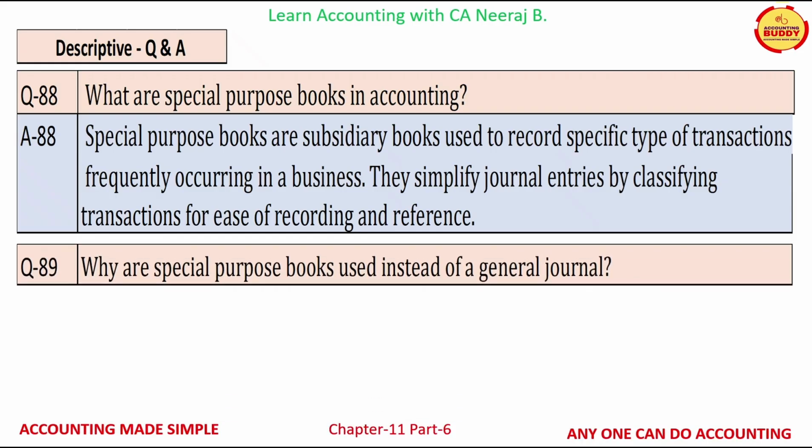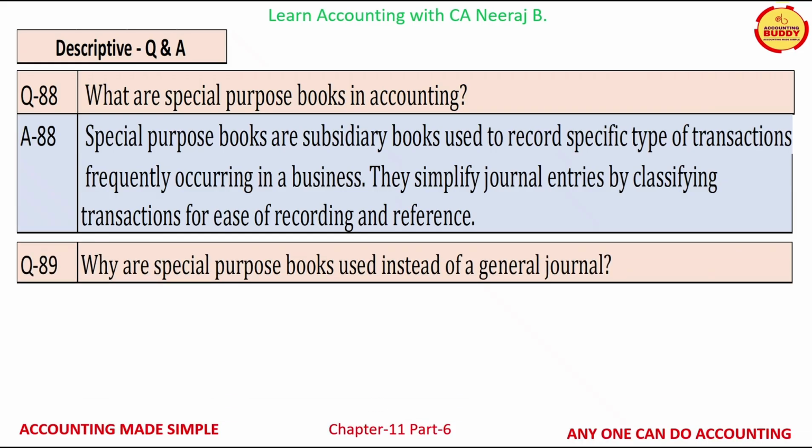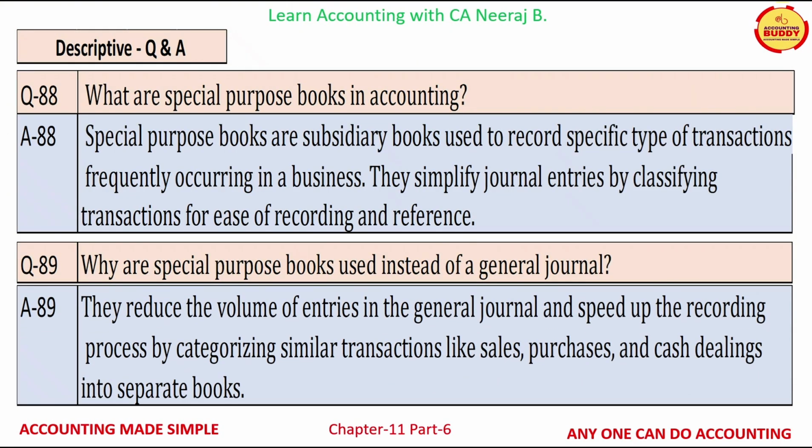Question number 89 is, why are special purpose books used instead of a journal? The answer is, they reduce the volume of entries in the journal and speed up the recording process by categorizing similar transactions like sales, purchase, and cash dealings into separate books.